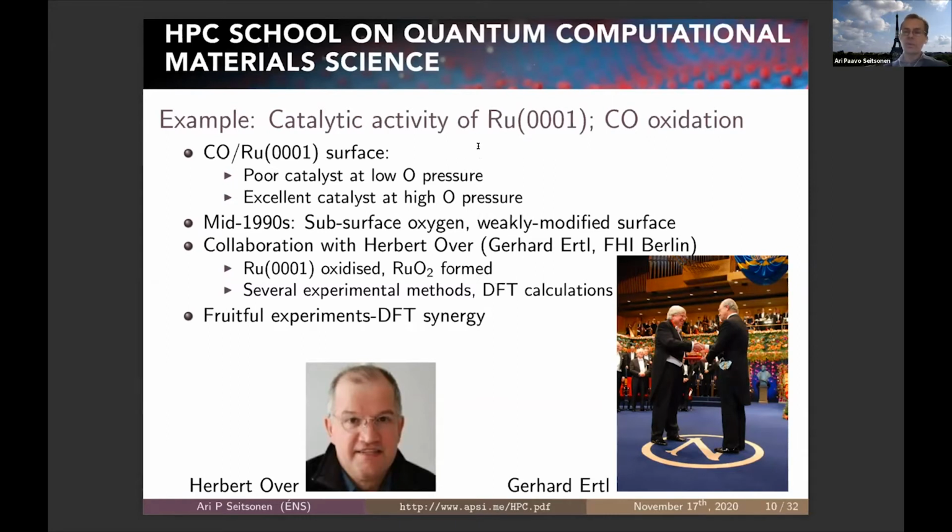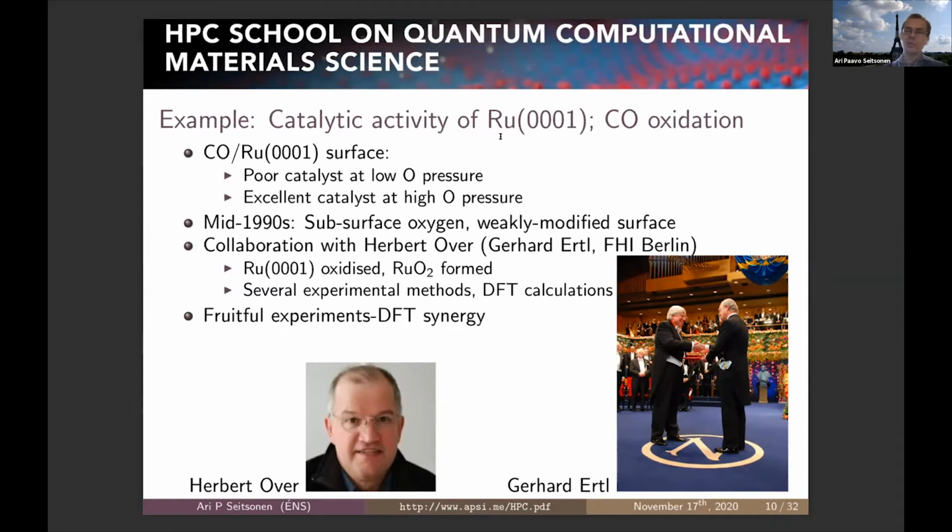This project is about the catalytic activity of ruthenium, and the starting material is metallic ruthenium (0001). That's one surface orientation, the preferable surface orientation of metallic ruthenium. Ruthenium has an HCP lattice, and this is the preferred direction.